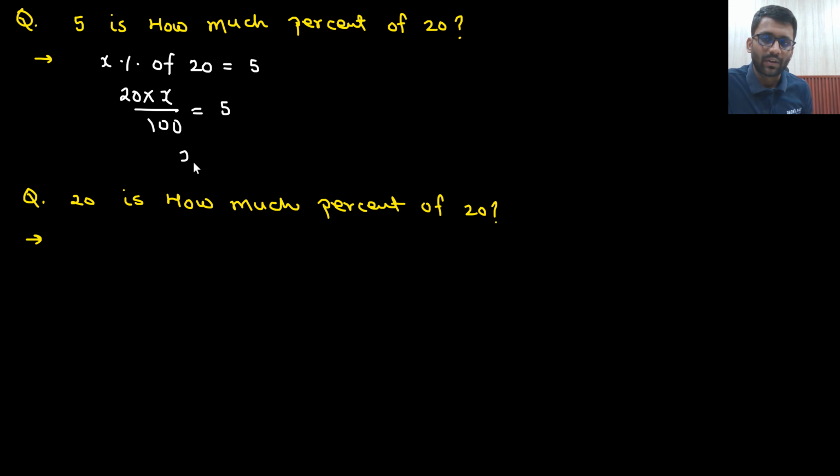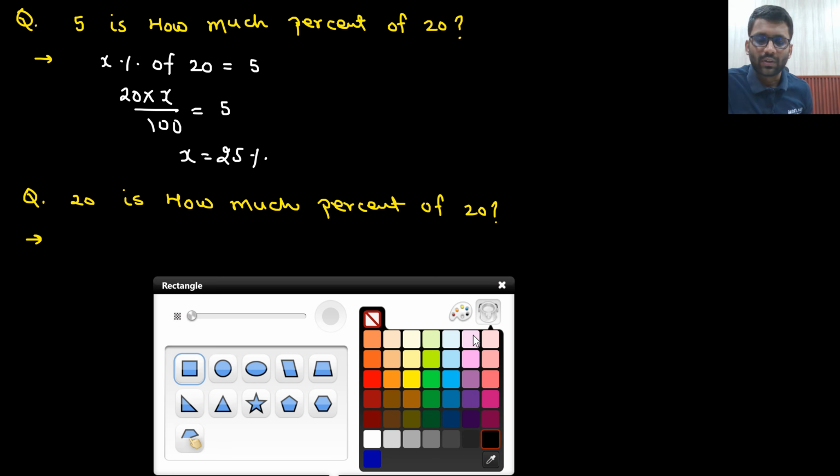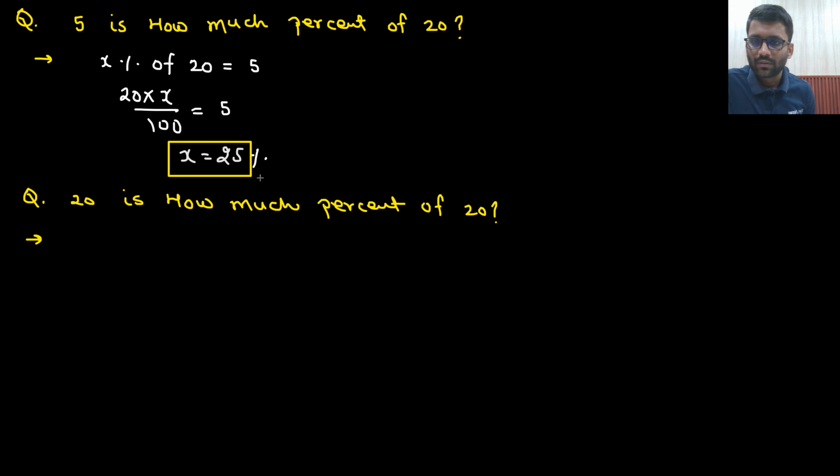So what do you get? 25. Sorry, 25%. So 25% of 20 is equal to 5.